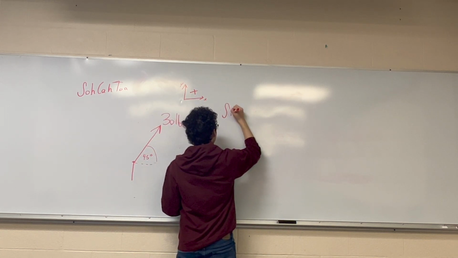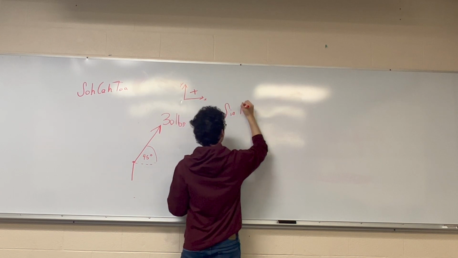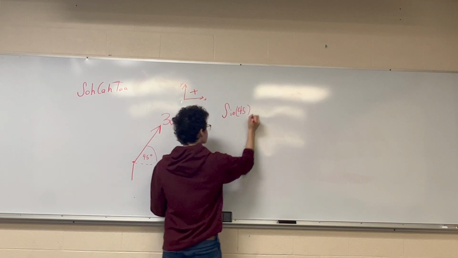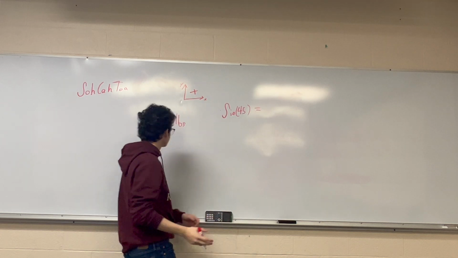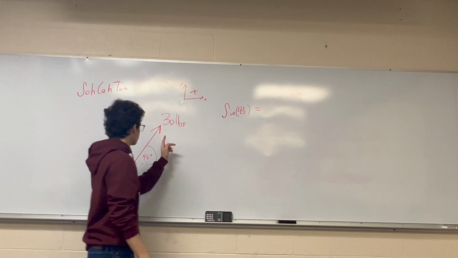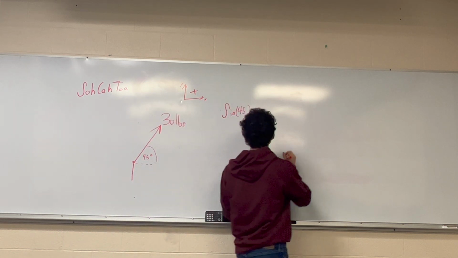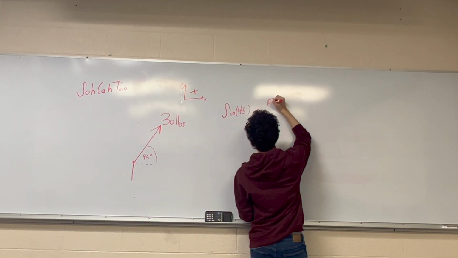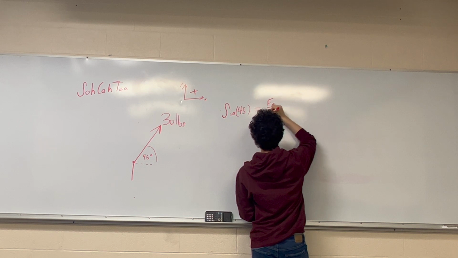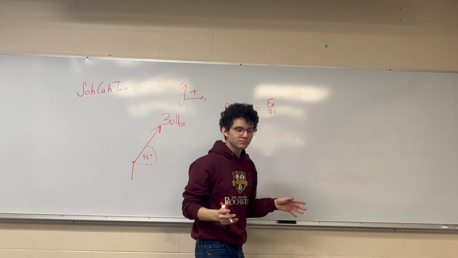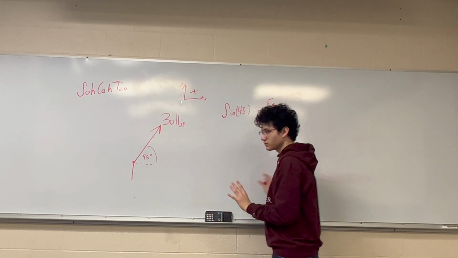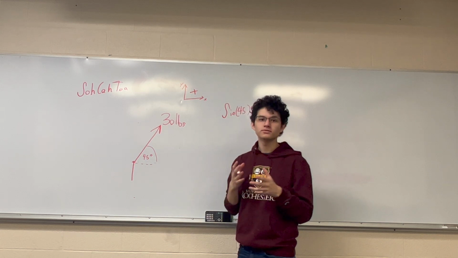So sine of 45 equals, what is it equal to? Fy over 30. I didn't draw it out, but you can imagine in your head, or if it helps you, you can draw it out yourself.